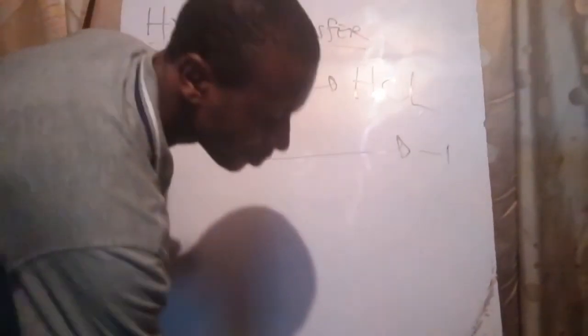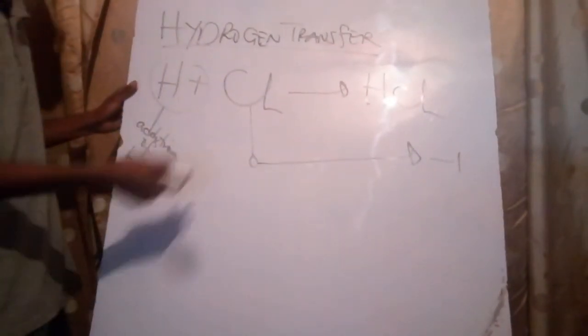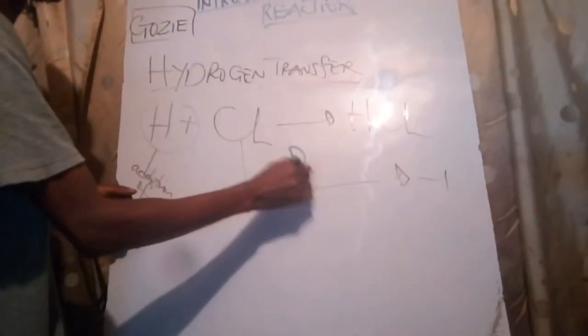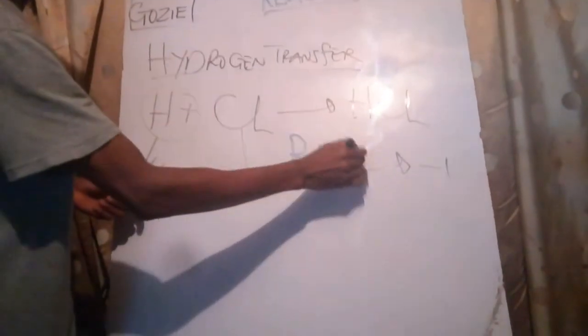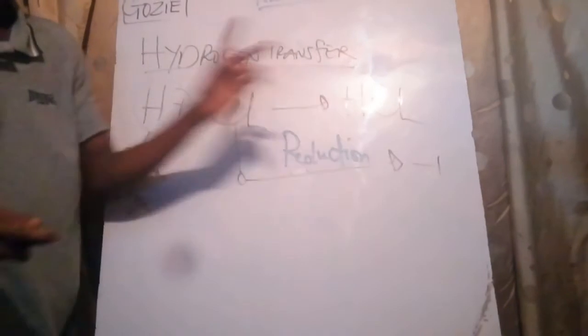Now, from 0 to -1, the oxidation number of chlorine has reduced, which we know, it is going down. The oxidation number of chlorine has reduced, and we know this process is called reduction. Decrease in oxidation number, reduction. Don't forget that's the meaning of reduction.